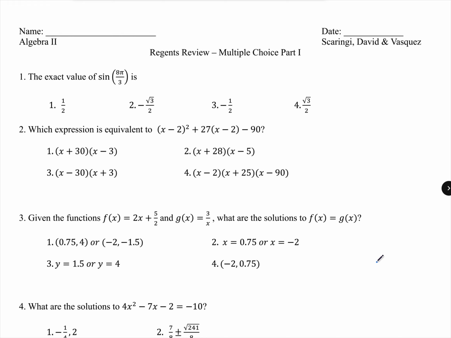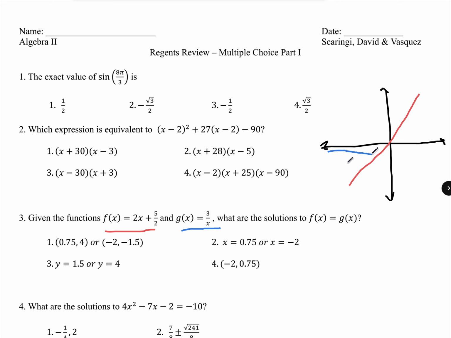I graph it. I get something that kind of looks like this, where my first function is linear, so it's basically a line going straight through my graph, and this one is a nonlinear function, so it's going to look kind of like this, with the two curves. The reason it's got the two curves is because the asymptote is at 0, because I can't put a value of 0 underneath here, since it's going to be undefined.